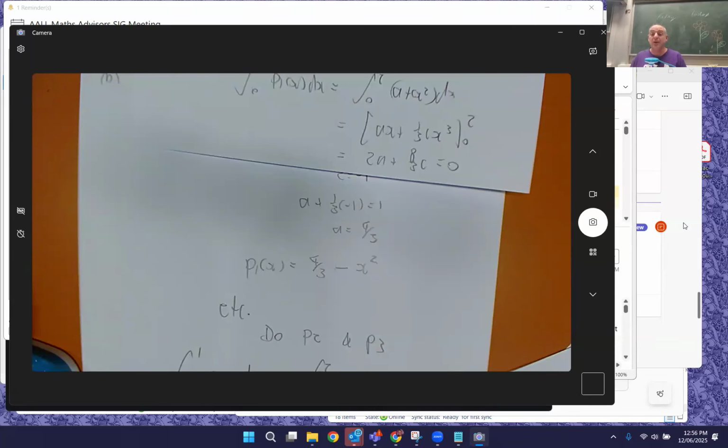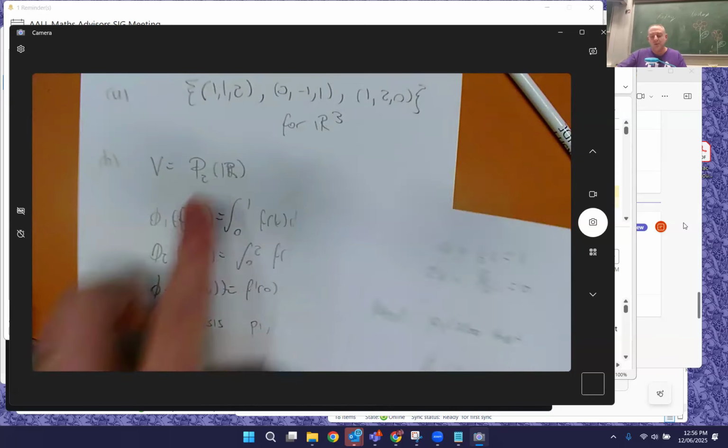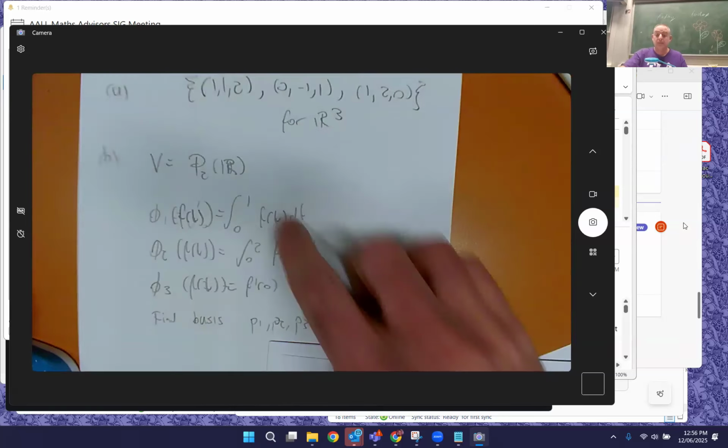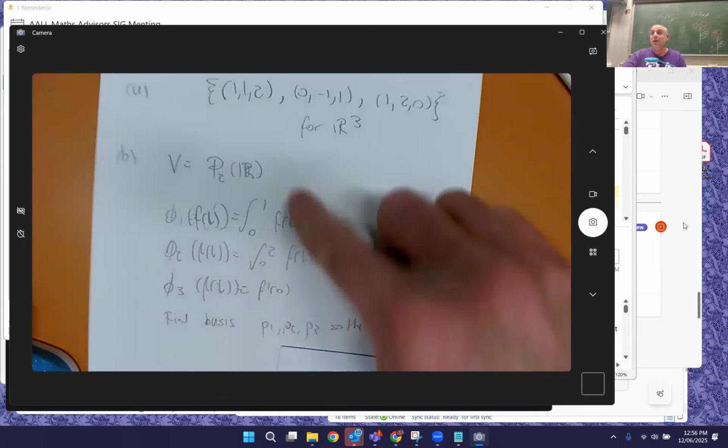And technically, not that you want to do it, but technically, it should be possible to write all linear functionals from degree 2 polynomials as a combination of these three things. So for example, just subbing in 0, it should be possible to write it as a combination of these things.